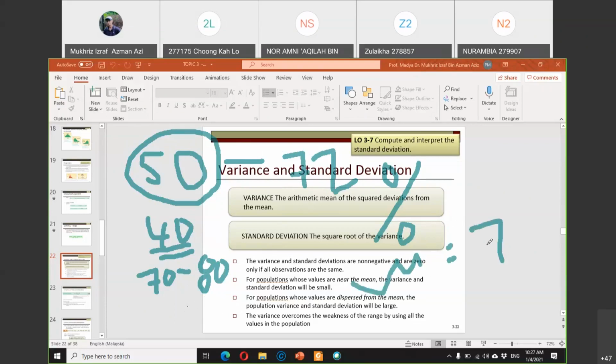So if the mean is 72, then point number 2 here: for a population whose values are near the mean, the variance and standard deviation will be small.